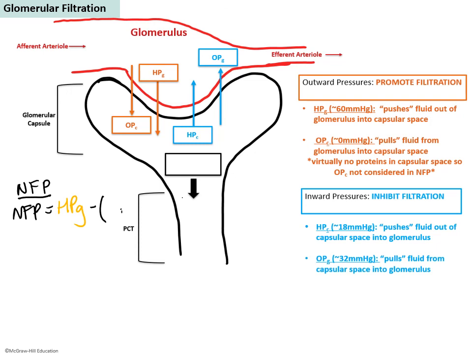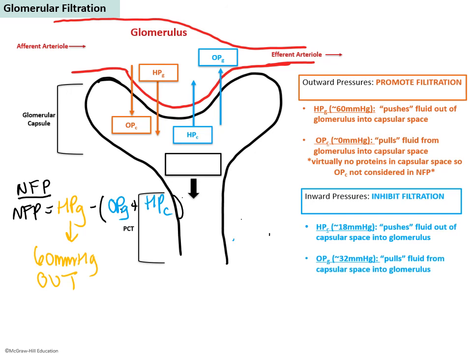And this is going to be the colloid osmotic pressure of the glomerular capillaries plus the hydrostatic pressure of our capsular space. You guys might want to draw this lower down on your diagram. So what this is showing us is that we are having about 60 millimeters of mercury that's pushing fluid out of the glomerulus into the capsular space.